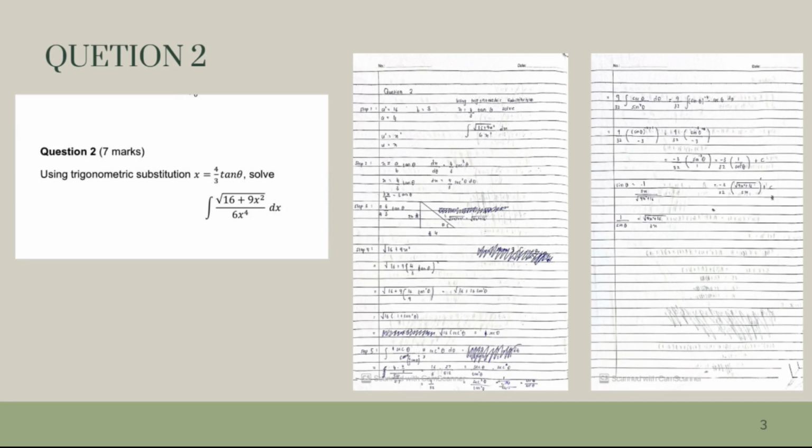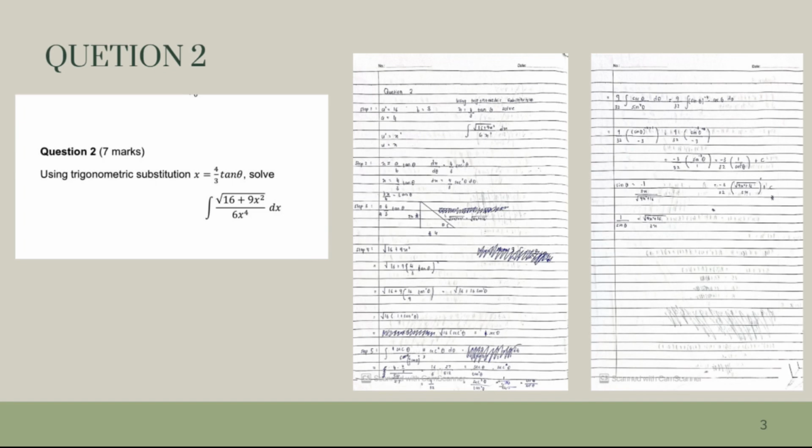Since 1 plus tan squared theta equals secant squared theta, we get 16 secant squared theta, which equals 4 secant theta after we simplify it.